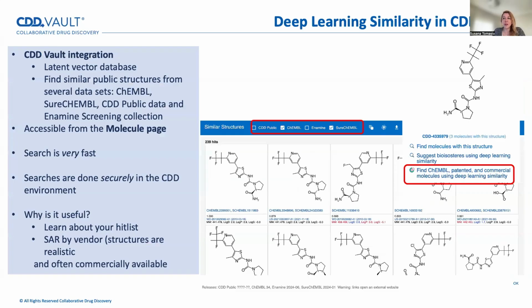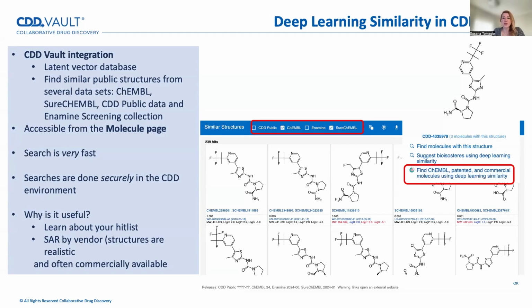How was it implemented in CDD Vault? Well, by having a latent vector database of compounds from different public databases, such as ChEMBL, SureCHEMBL, CDD Public data, and the Enamine Screening collection, then from the CDD Vault molecule page, you can simply click on Find ChEMBL, patented and commercial molecules using deep learning similarity, and it searches these databases in a secure way.